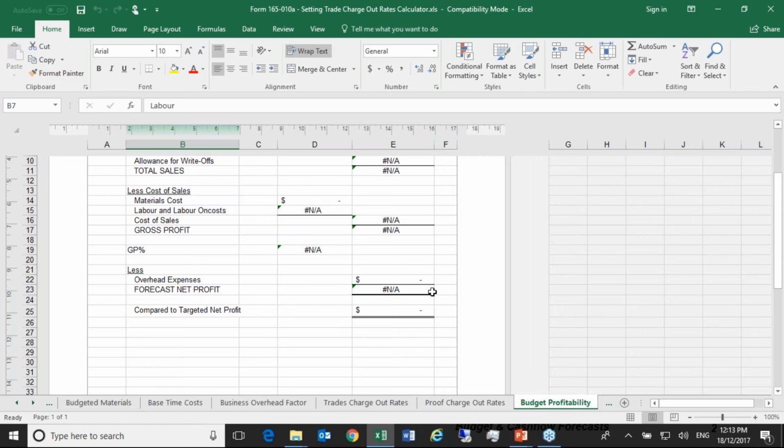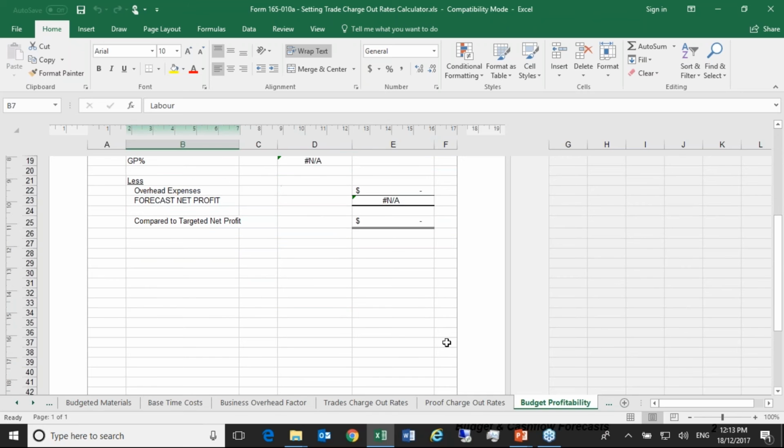If the charge out percentage for a particular trade drops to, say, 70%, our recommendation is they revisit this calculation and an amended charge out rate is determined, because this calculator is based on the theory that the business will be able to achieve the individual employee charge out rates that have been set.